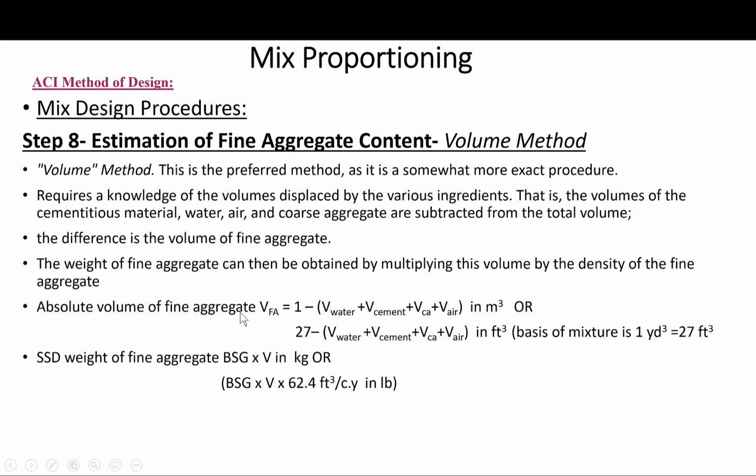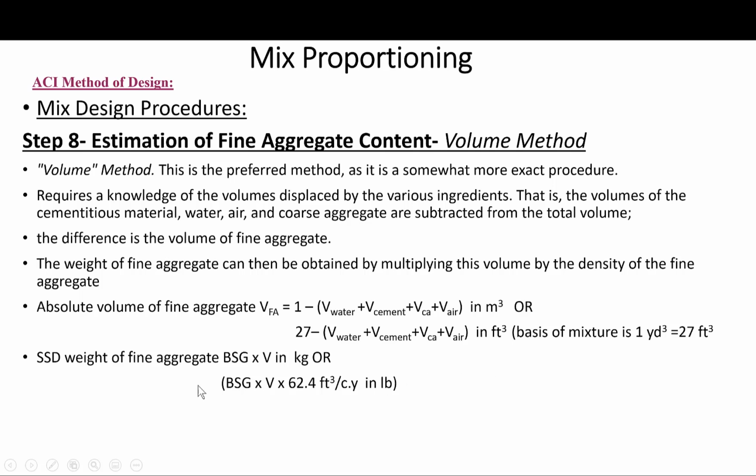So this is really the equation we use for calculating the volume. This is the absolute volume of fine aggregate, which is 1, assuming 1 cubic meter, minus that of water, cement, coarse aggregate, and air. If we are using foot-pound units, of course we are using 1 yard, which is 27 cubic feet, minus the volumes in cubic feet.